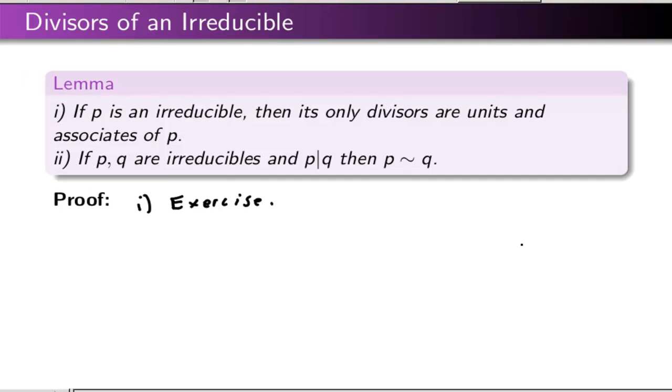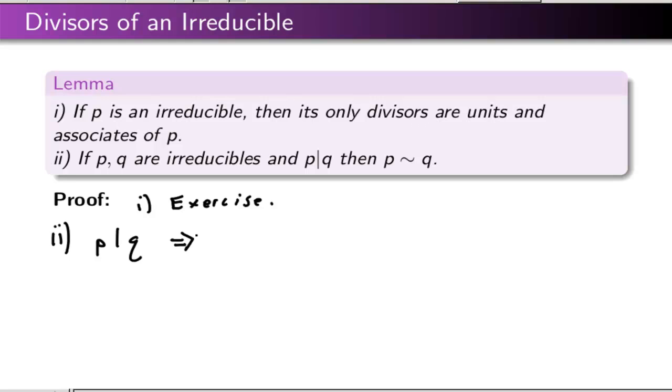And property 2 says if P and Q are irreducibles and P is a divisor of Q, then P must be an associate of Q. And that follows immediately from part 1. So if P divides Q, then by part 1, since Q is an irreducible, the only divisors are units and associates.